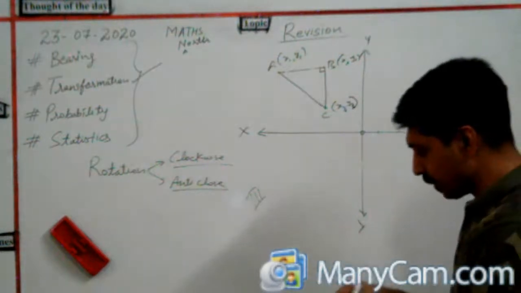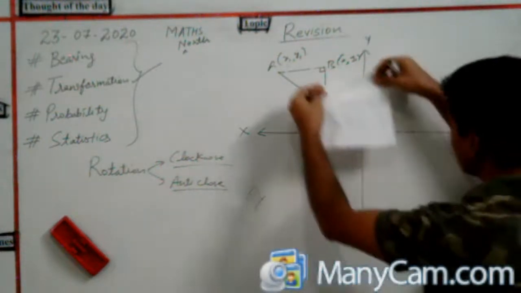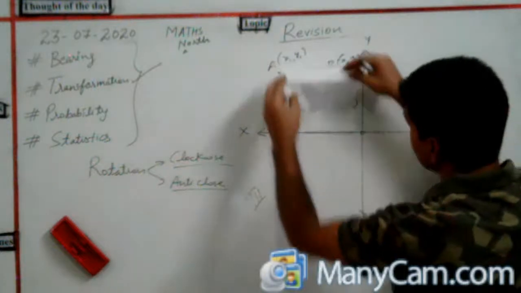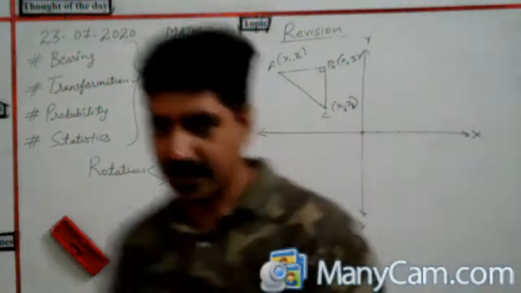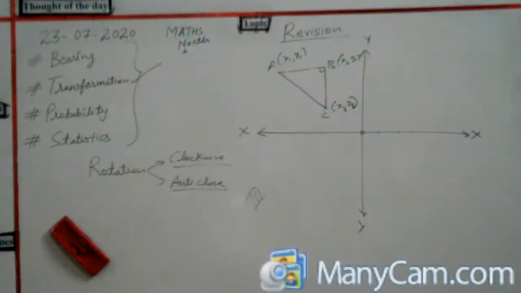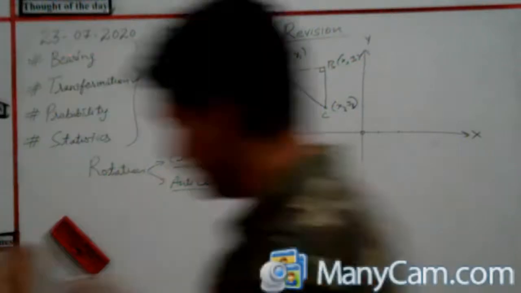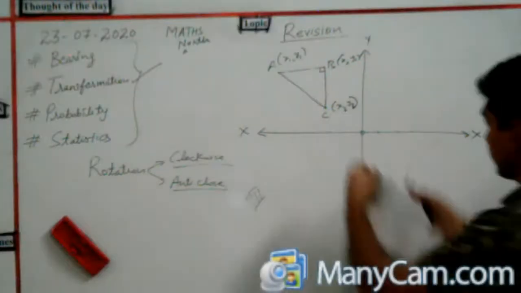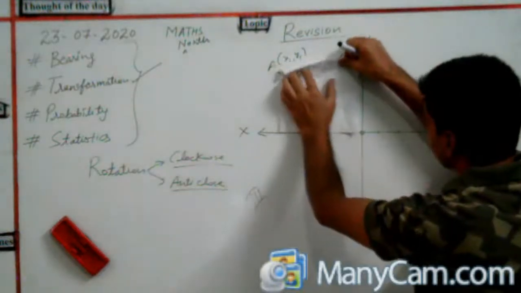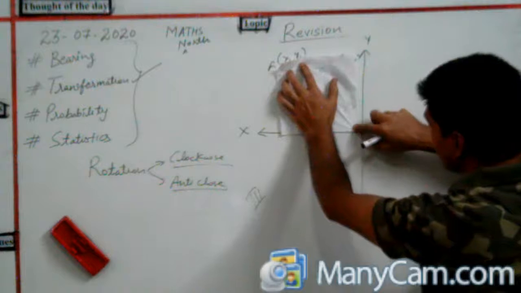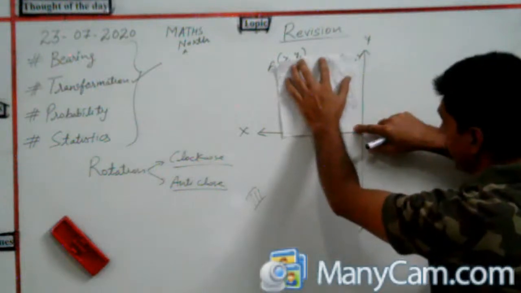If I am doing in this way, I have a triangle here. Let me do it for you. Now what I am doing, I am fixing this center point origin, and I am not changing the origin.